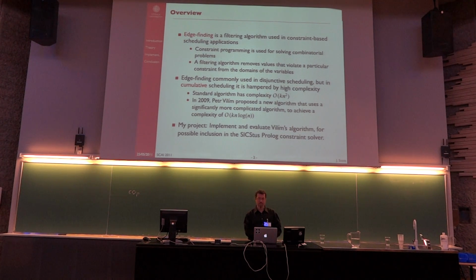But in 2009, Peter Willem proposed a new cumulative edge finding algorithm, which was significantly more complicated in its implementation and used a novel data structure that had to be constructed, but achieves a complexity of kn log n.